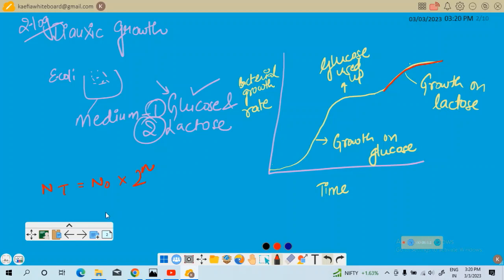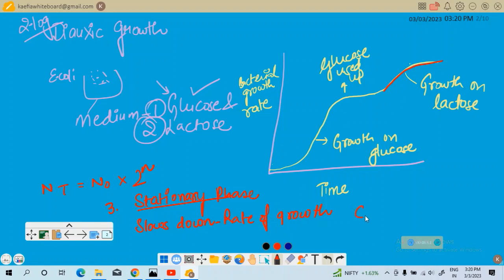Okay, after that we have stationary phase. Now what happens in stationary phase? After the exponential phase, the rate of growth slows down. So the culture enters the next phase. Leveling out of the growth curve does not mean that cell division has stopped completely.